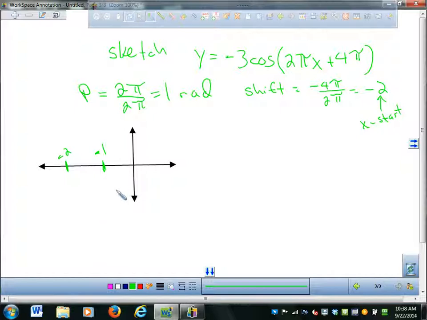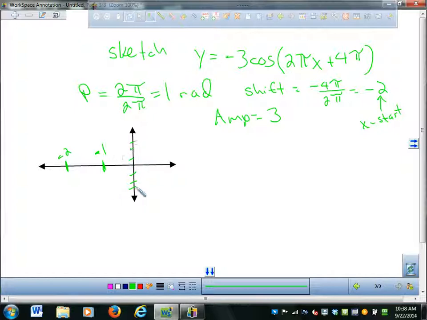Now, this is not a sine function, this is a cosine function. What's the amplitude? 3. It's not negative 3, it's positive 3 because the amplitude is the absolute value. So the negative tells you that instead of starting up here, like a cosine function normally does, it's going to start down and work its way up.